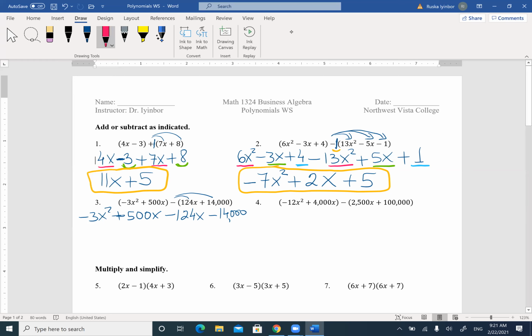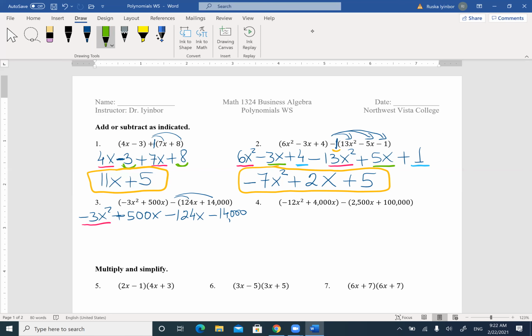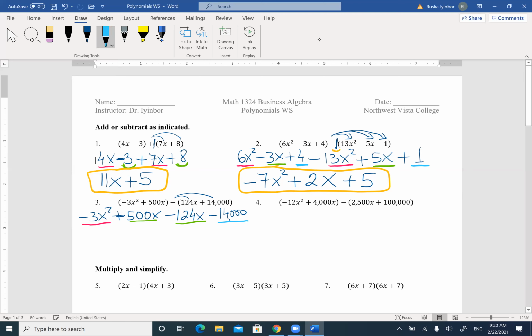There's only one x squared, so we're just going to keep that the way it is. Then the x's, 500x and negative 124x, we're going to combine those. And there's only one number, so I'm going to keep that. So negative 3x squared, just that one, I'm going to bring that down.